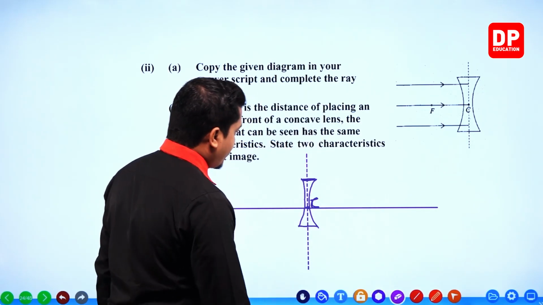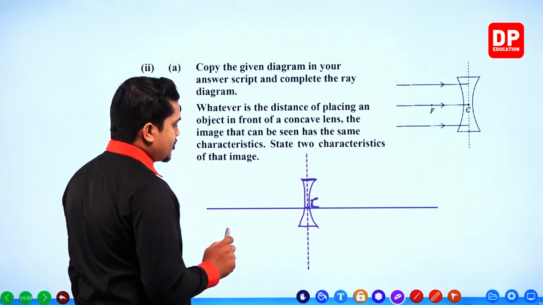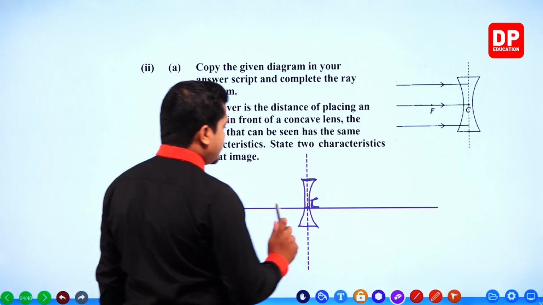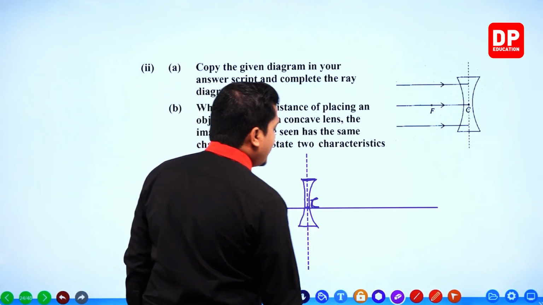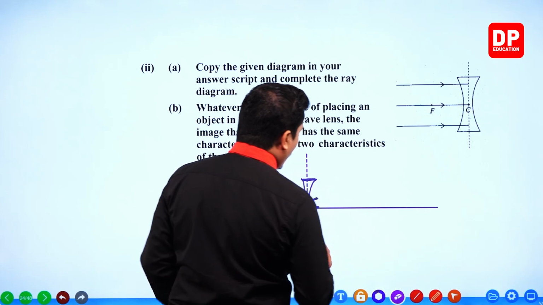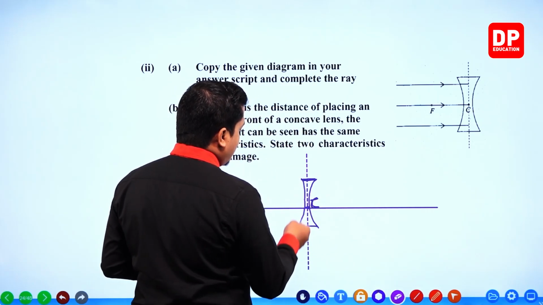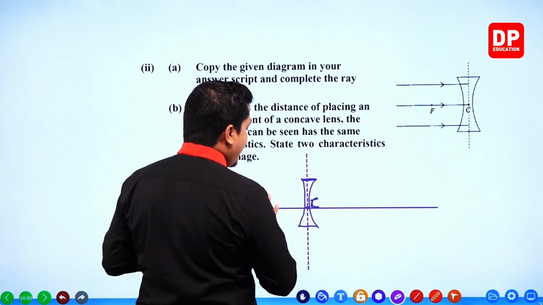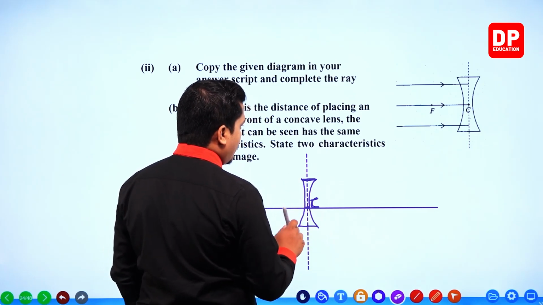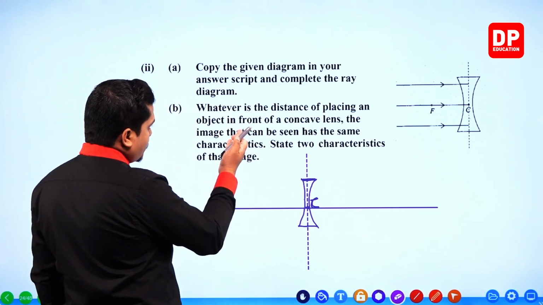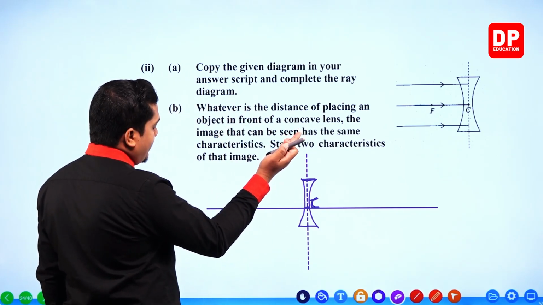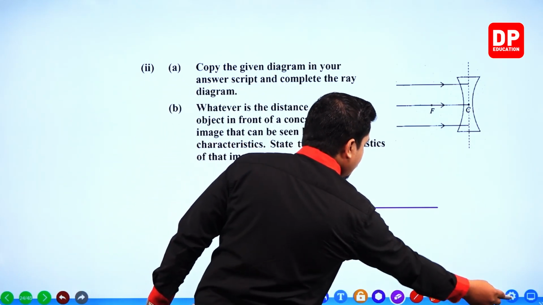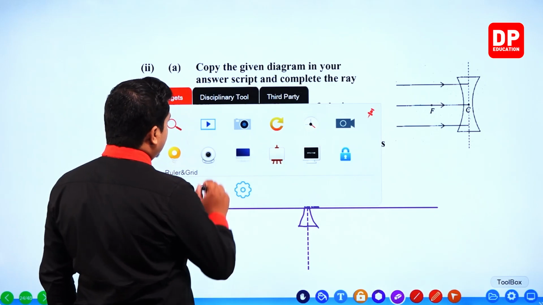Remember, when you are marking the focal point, this is very important. It's quite important to measure the focal point. The focal point is located on either side of point C. So measure and mark the focal point with your ruler. If the question does not give the focal length, then you can just measure and mention it. I'll show how.